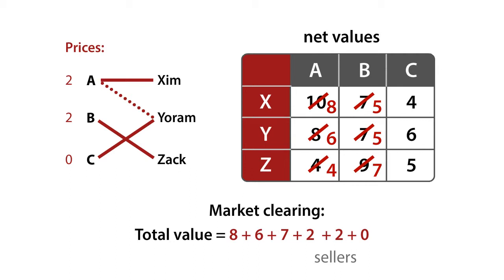So the net values for the buyers now are only 8, 6, and 7. In contrast, the sellers' values are the prices 2, 2, and 0. And if I add this up, I end up with the same 25 we had. In fact, we actually even have the same matching here for market clearing prices.